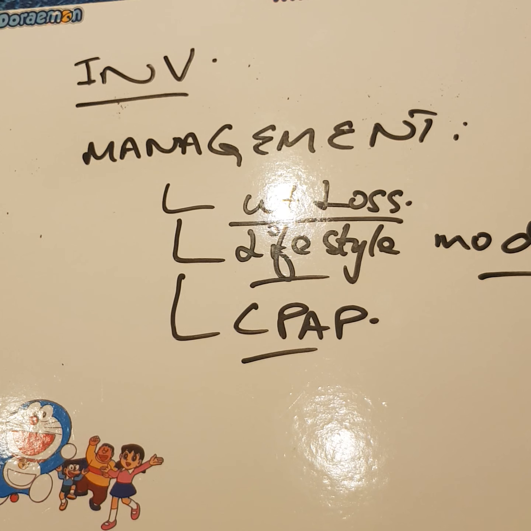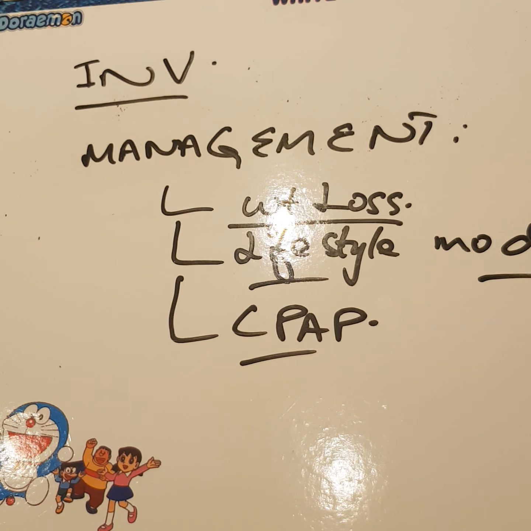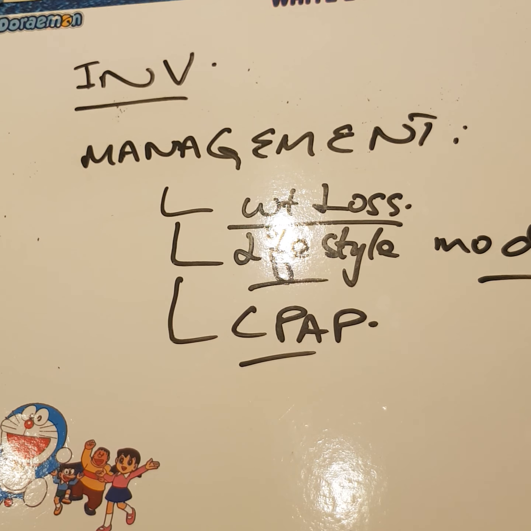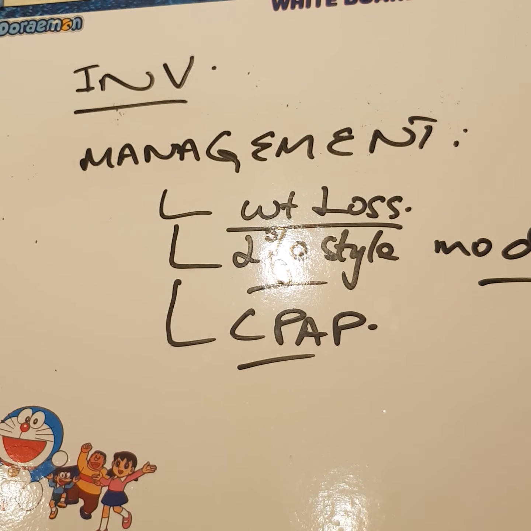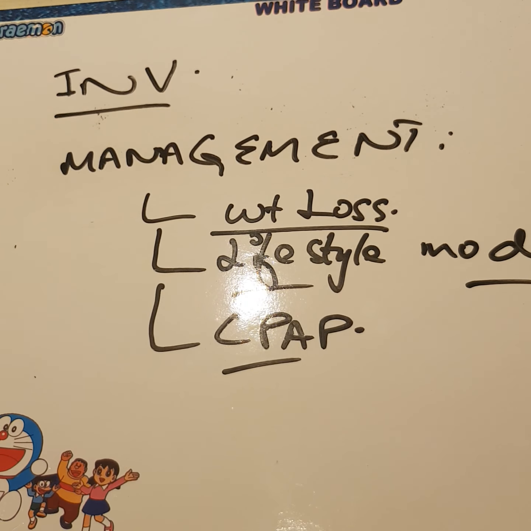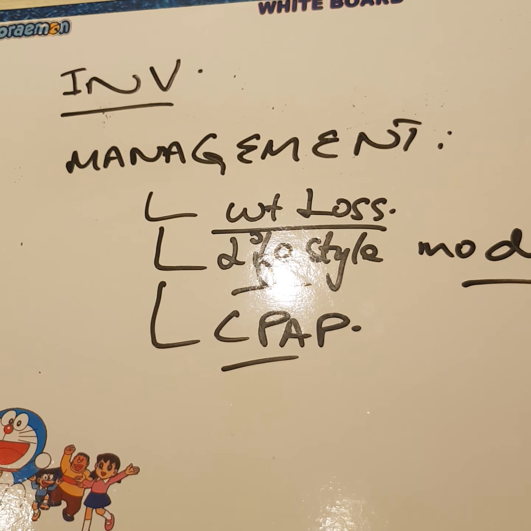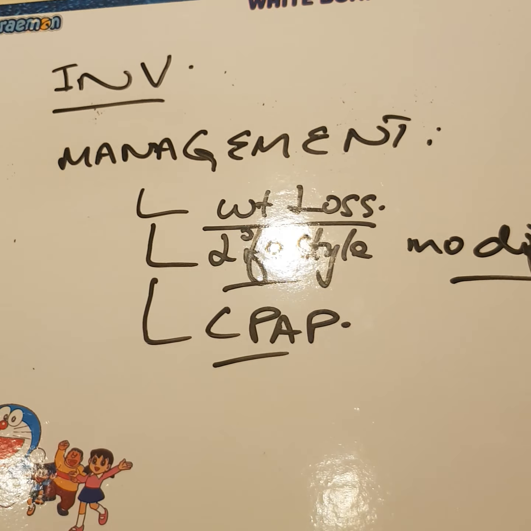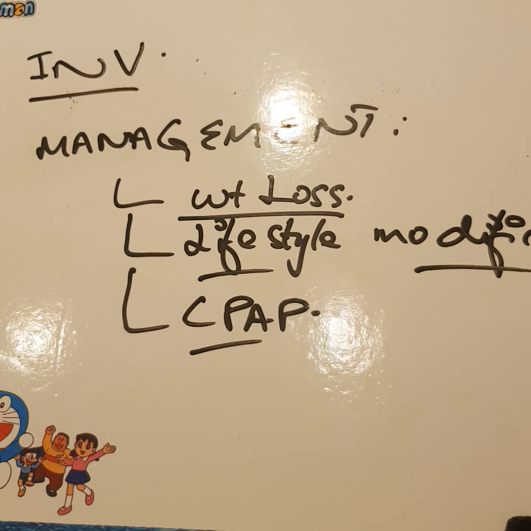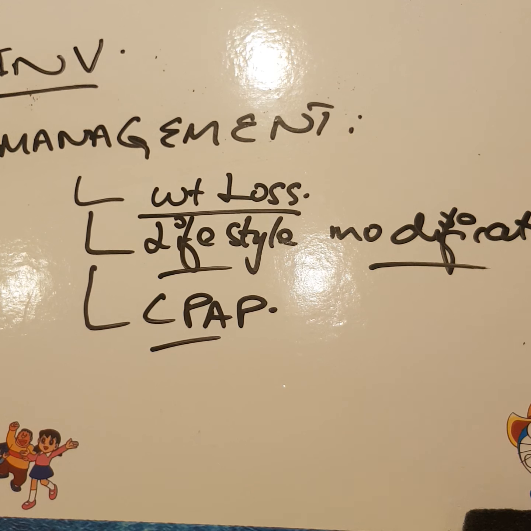So for investigation, there are many different investigations, including keeping a sleep log with you. But the best investigation for sleep apnea and sleep disorders is to get a polysomnography done, or PSG. And the management includes weight loss, lifestyle modifications, which are the first line of management for these sleep disorders.